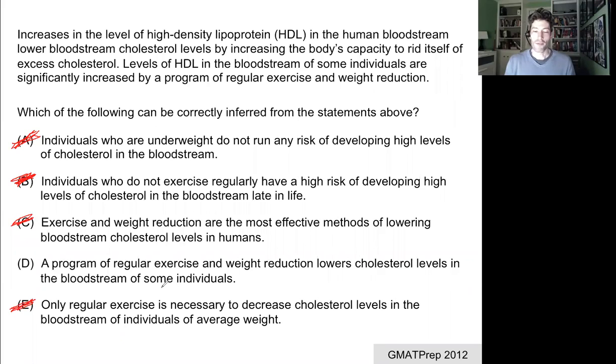I know a handful of 780, 790, 800 GMAT scorers who approach inferences this way. Getting rid of 4 wrong answers is just as good as finding 1 right answer. That's how we do sentence correction, right? You're not figuring out why the correct answer in sentence correction is the best. You're just finding problems in the 4 wrong answers.